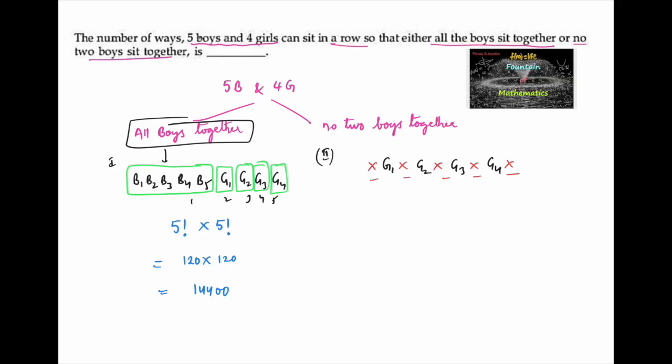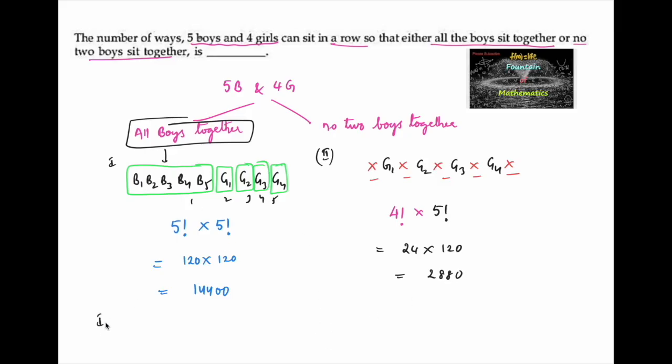So the girls can be arranged in 4 factorial and the boys can be arranged in 5 factorial. So 4 factorial is 24, 5 factorial value is 120. So 24 into 120 we can say 2880.